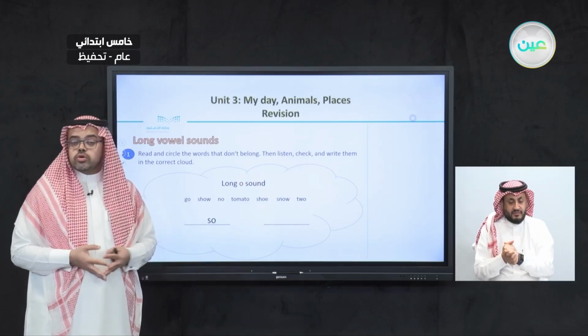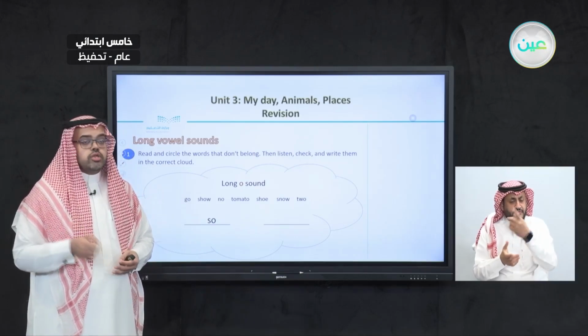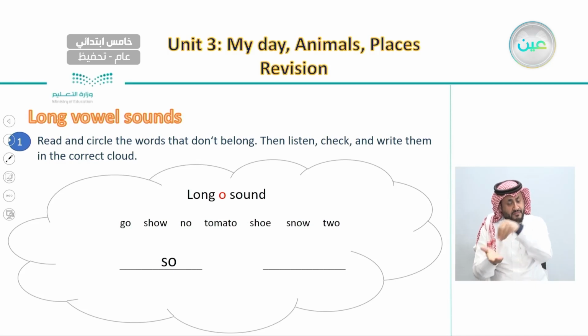So what do we do after we circle it? We bring a word from the other cloud and put it here. For example, we brought so from another cloud and put it here in this cloud that is called the long O sound.